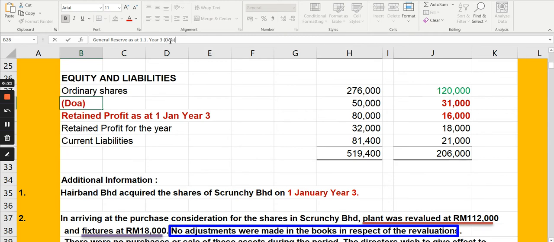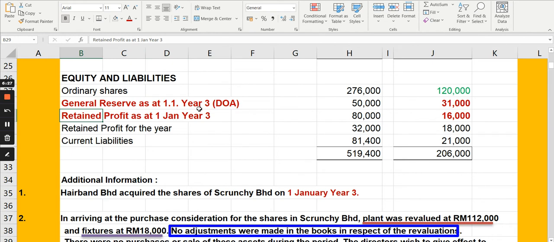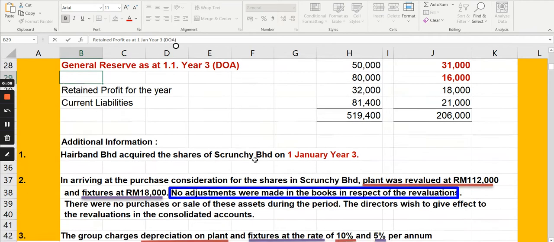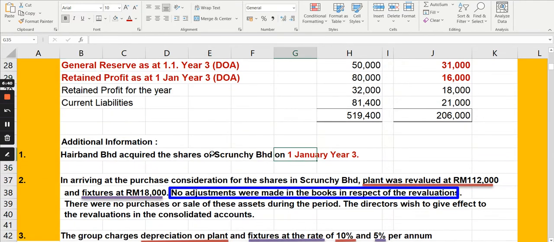I put DOA, date of acquisition. So you don't have to worry so much, because the information is in the statement. It is just not given in the additional information because the date of acquisition is at the beginning of the year. Okay, that was the first one.